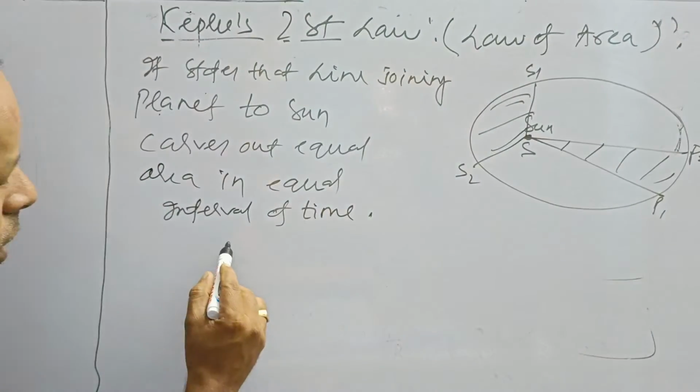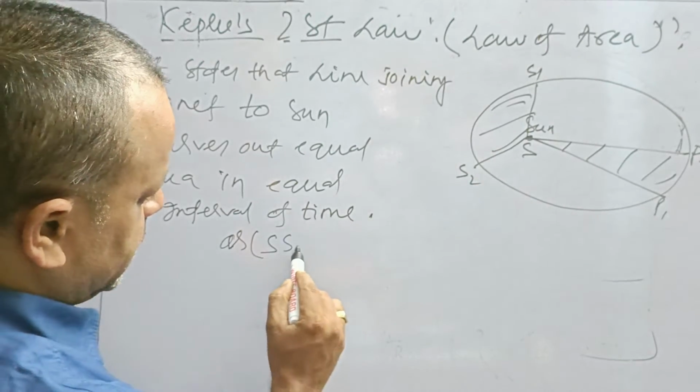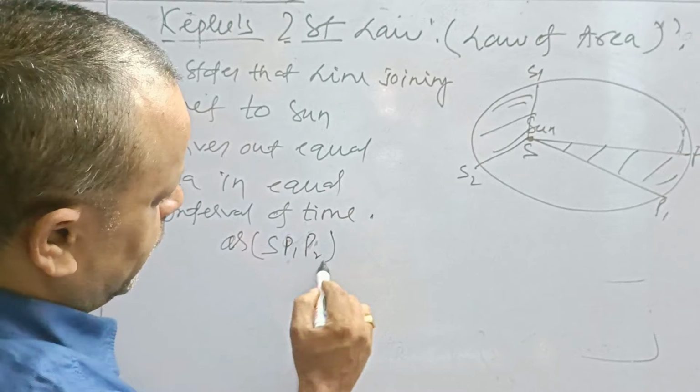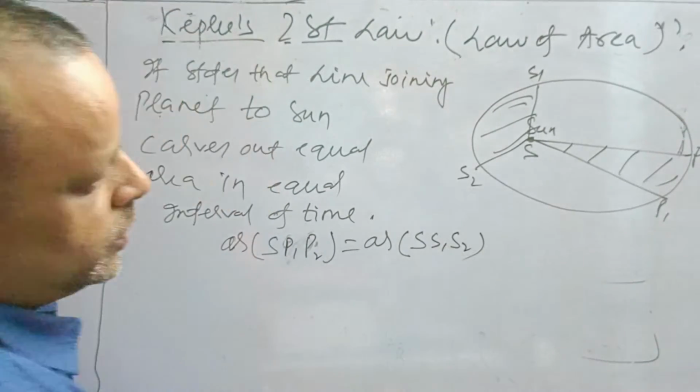That is, the area swept from P1 to P2 is equivalent to the area swept from S1 to S2.